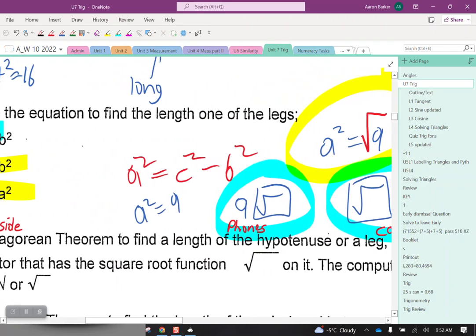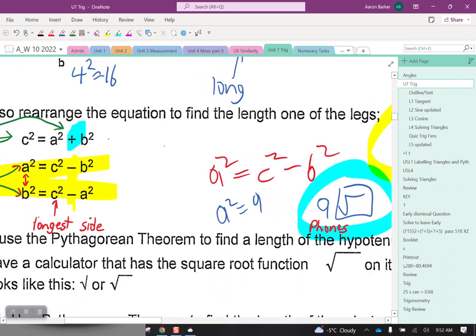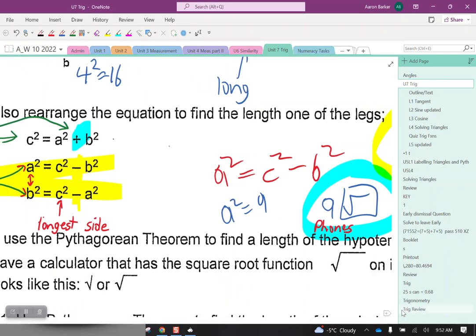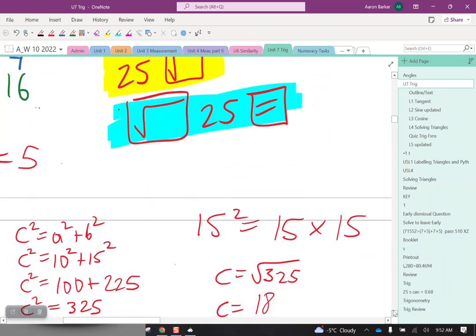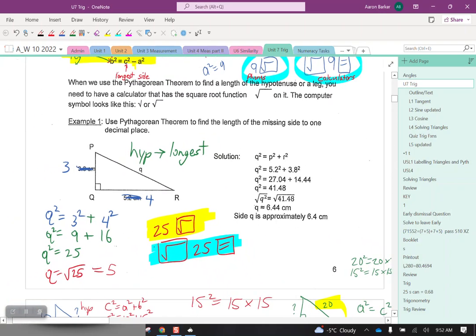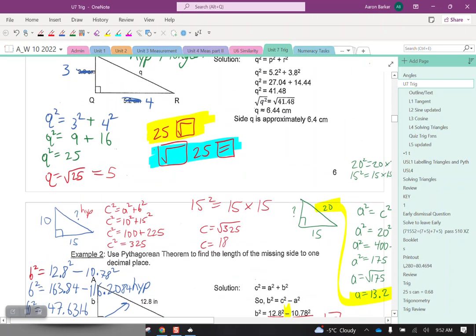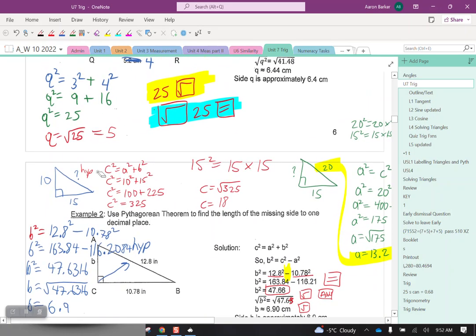Okay. So we're going to check real quick. Let's use a nice little example here.